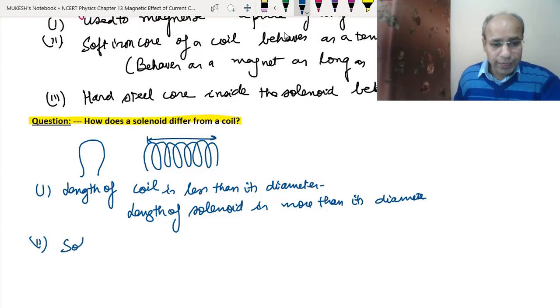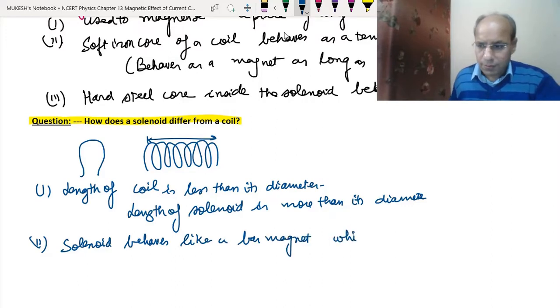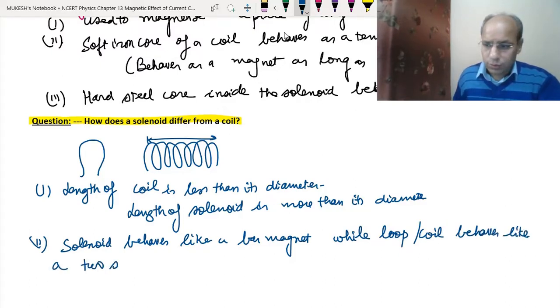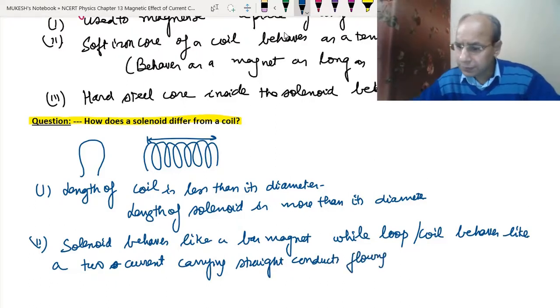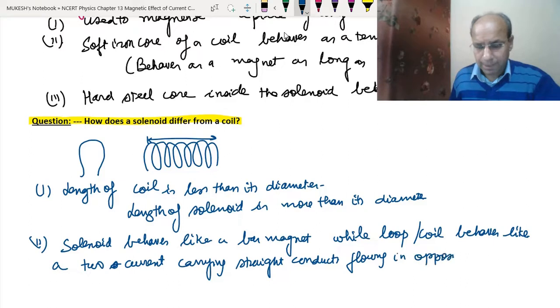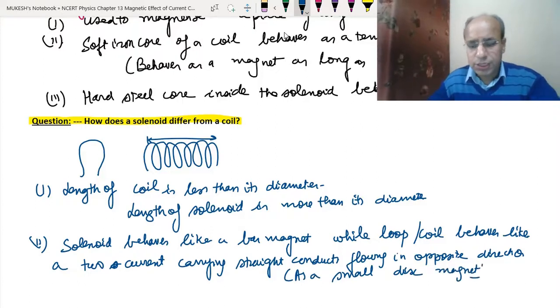The solenoid behaves like a bar magnet, while a loop, you can say coil, behaves like two current carrying straight conductors with current flowing in opposite directions, meaning a small disc magnet. I hope this is clear to you.